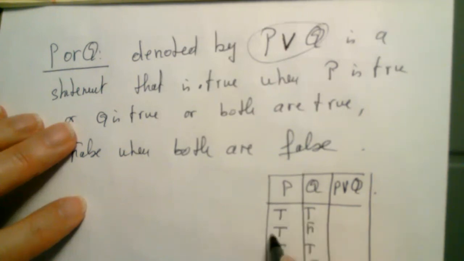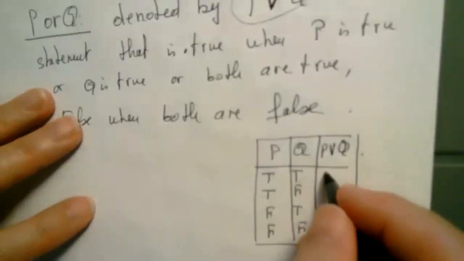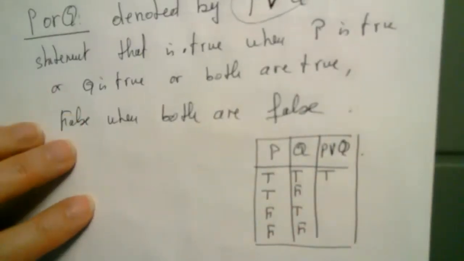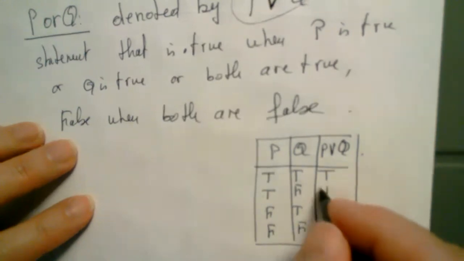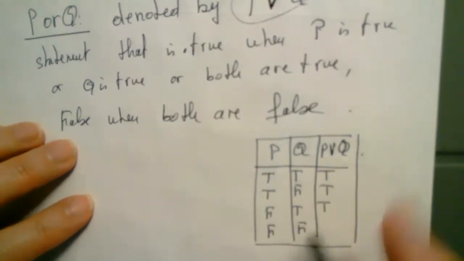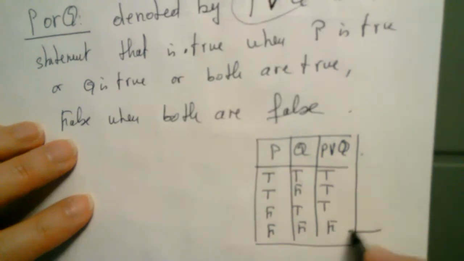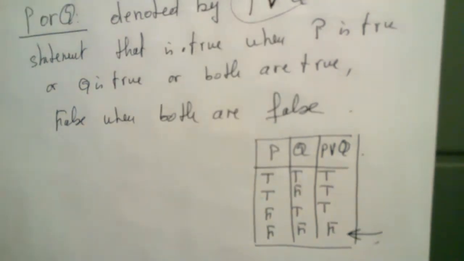So these are all possible combinations of the components. If both are true, it's true. If one of them is true, it's true. It's false in one case, one and only, if both are false. So or is true if both are true or one of them is true.